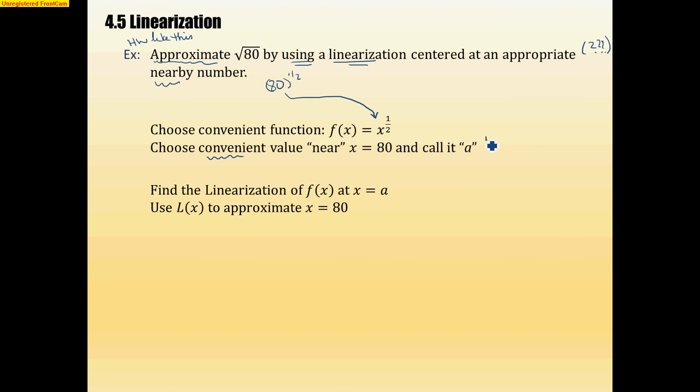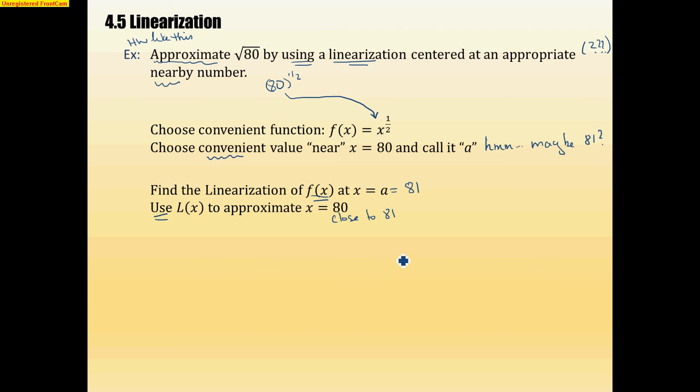Do you see why? So, how about I say, find the linearization of the function, the square root of x, at x equals 81. And then use my linearization to approximate a number close to 81.